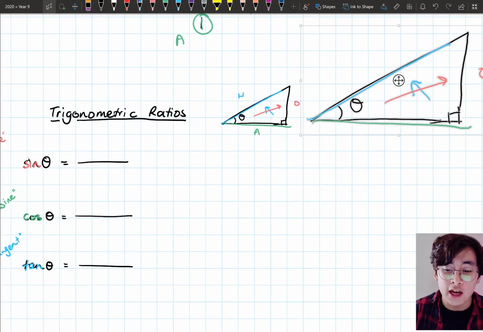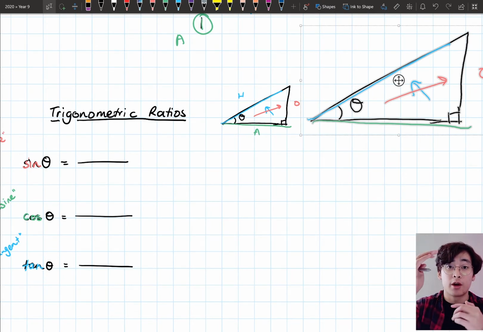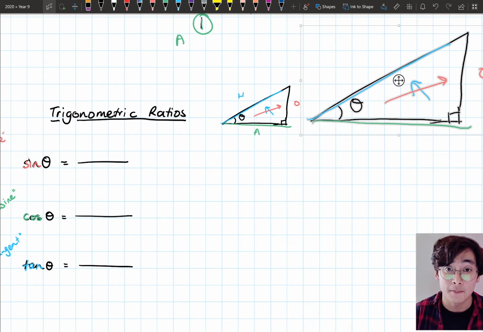It's exactly the same, and you can get your protractor out and measure it, and it will give you the exact same size. But what you'll notice is that the ratio between the sides doesn't change. When you compare the side lengths, they're going to be in the same ratio. When we write them as fractions, they're going to be exactly the same. And that's what these trig ratios are.